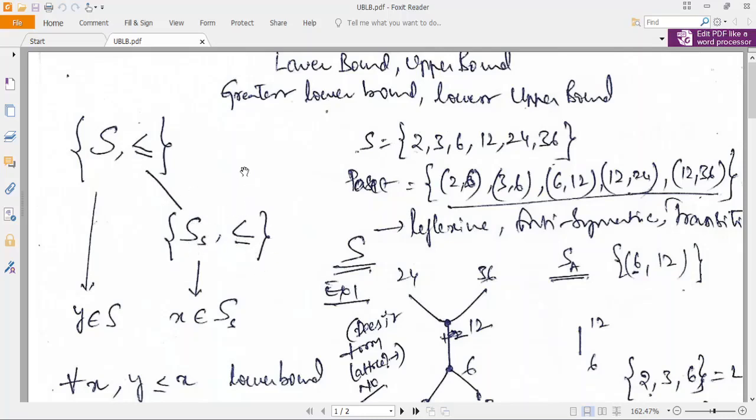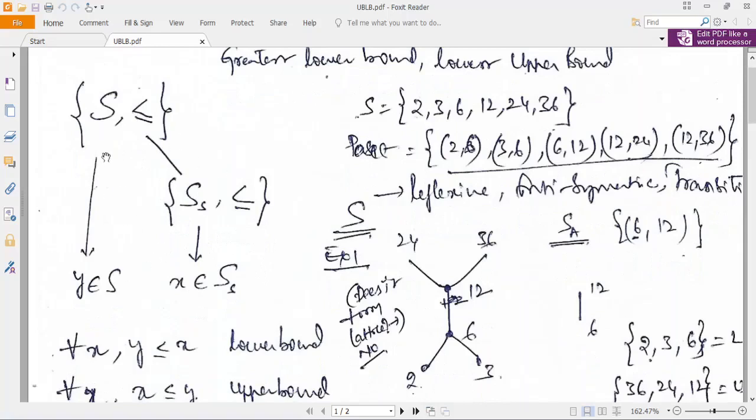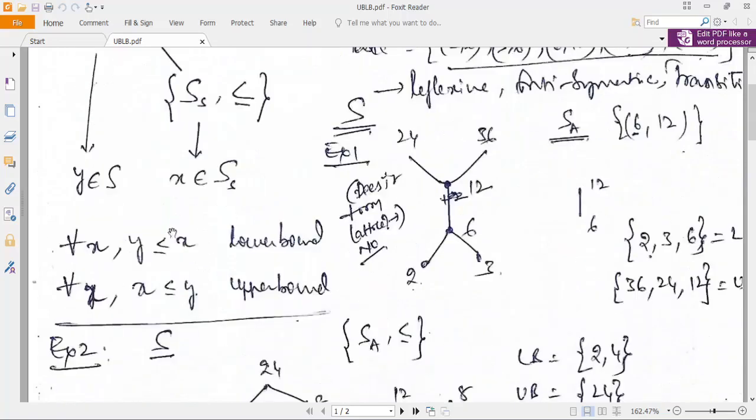Whenever we draw this, if we pick an element Y which belongs to the poset, and an element X which belongs to the subset, then for all X, if Y is less than or equal to X, then that particular Y value is said to be the lower bound. For all X, if the X value is less than or equal to Y, it is called the upper bound.